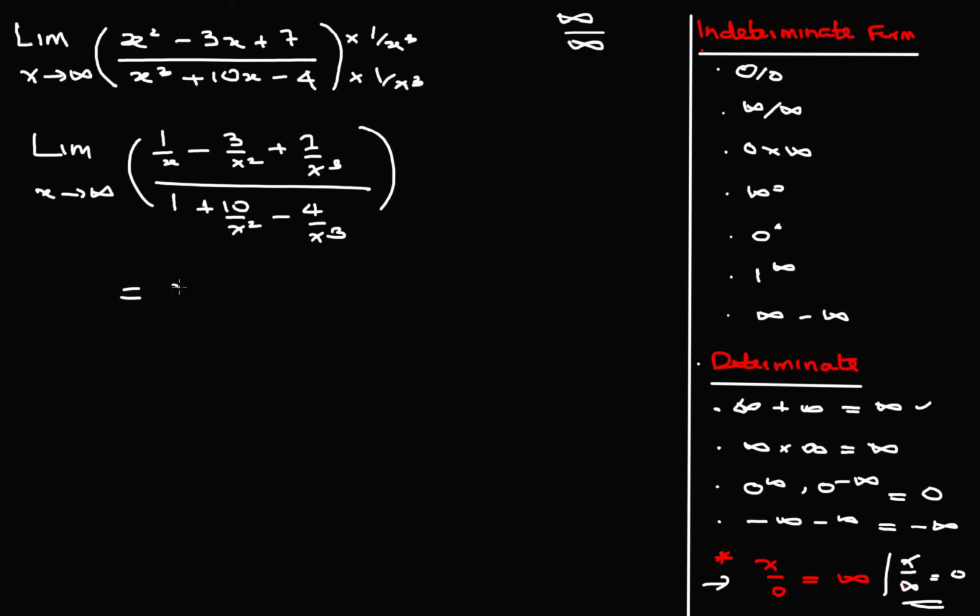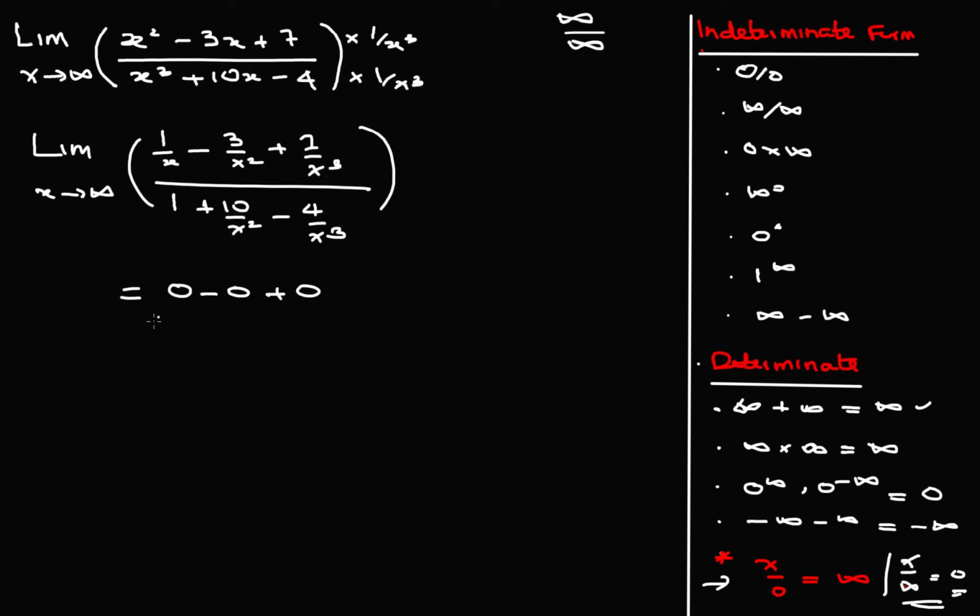This one is 0. This one is 0. This one is 0. Why are these zeros? Because we have this format here: x divided by infinity is 0. Our x here happens to be a 1 divided by infinity, that's 0. Here our x happens to be 3 divided by infinity, we get 0.